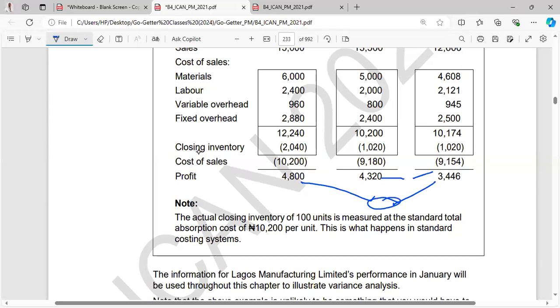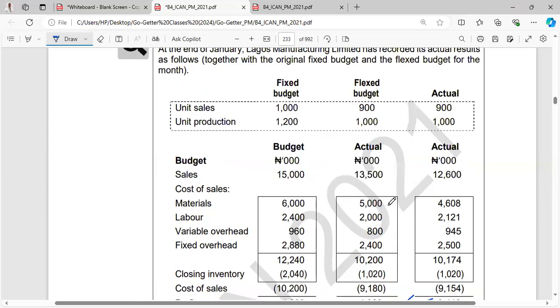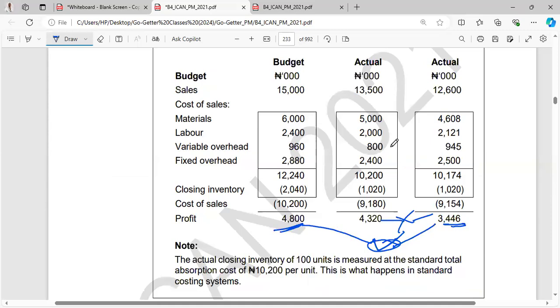Never these two, not this. This is the difference. This is what we planned to make. This is what we made. Now, why this difference? For us to know why, we need to make a second budget. So the flex budget will give us the reasons for the difference.